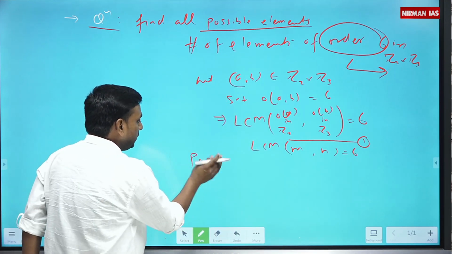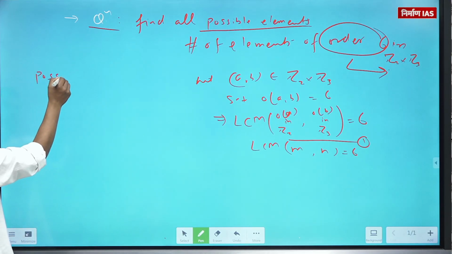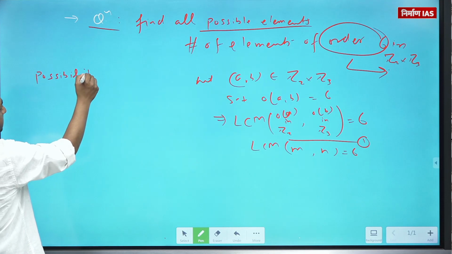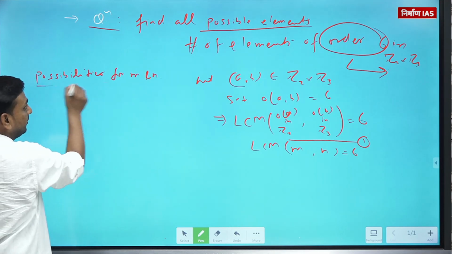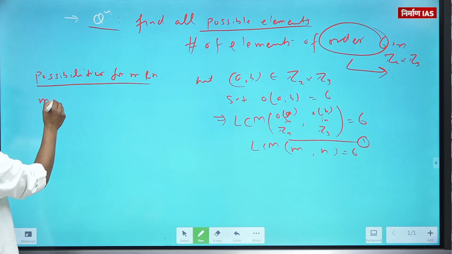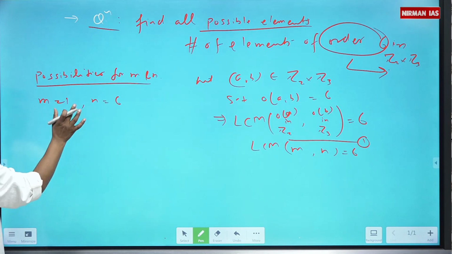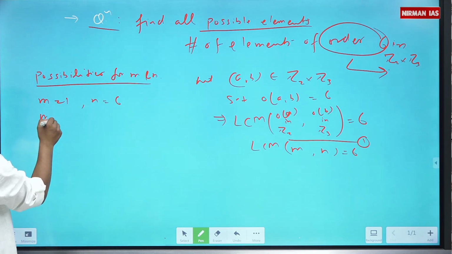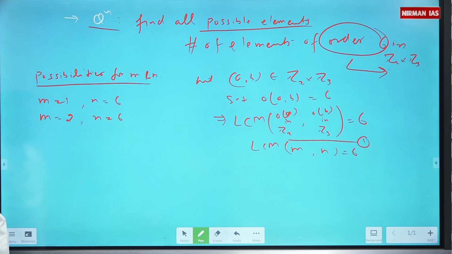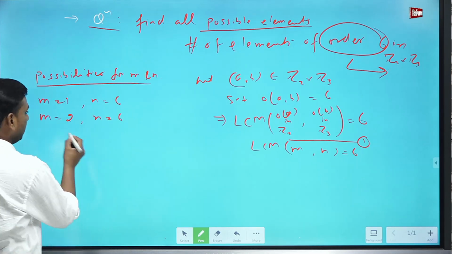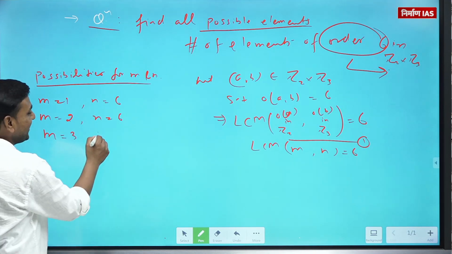Now you need to check what are the possibilities for m and n. For example, let's say m is 1, n is 6. What will be the LCM of 1 and 6? 6. Let's say m is 2, n is 6. LCM is 6. Let's say m is 3, n is 2.